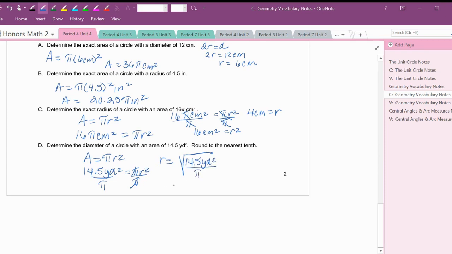And I'm going to get that the radius is this value, but I have to double it to get a diameter. So before I get my calculator, I'm going to write 2 times the square root of 14.5 divided by pi, and then I'll put my units there, yards, and I put that all on my calculator, and I get my diameter is 4.3 yards.